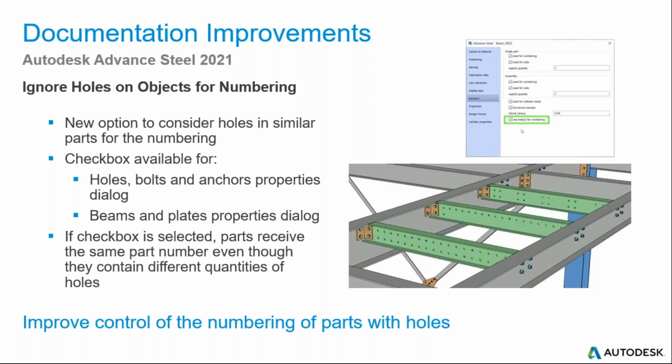For example, you may have a set of parts that are similar in size and shape, but have different number of holes added onto them. In Advanced Steel 2021, you can now select use holes for numbering in the object properties to utilize these holes as numbering parameters. This will give users more control of the part numbering behavior for steel components with holes.